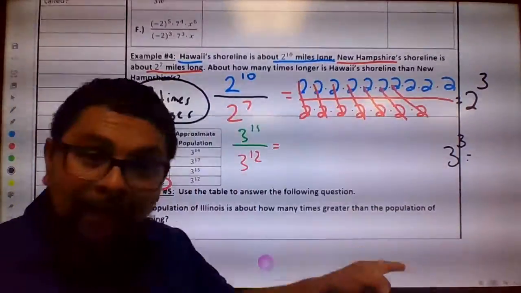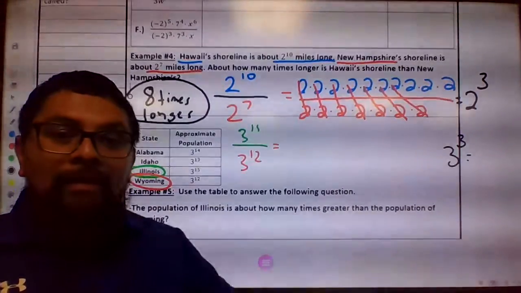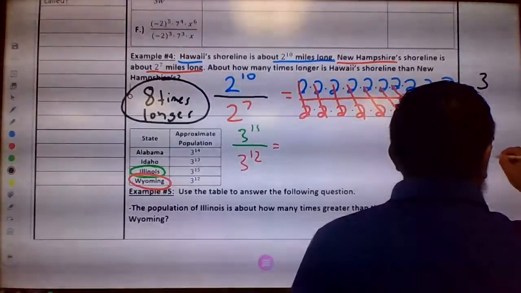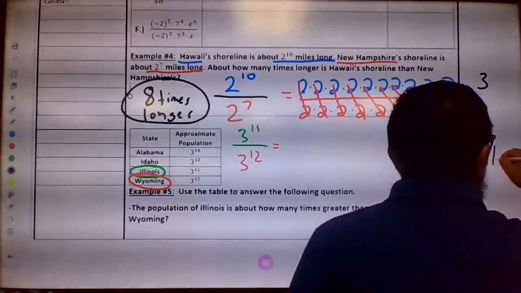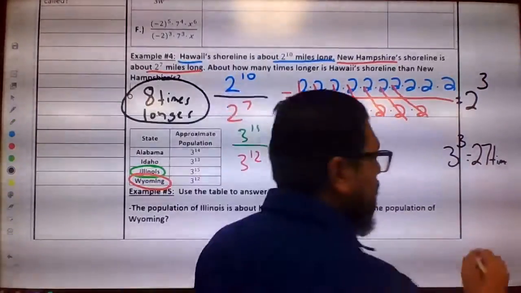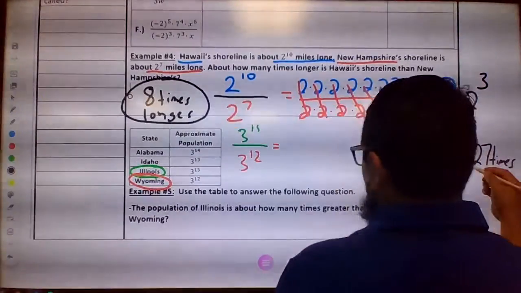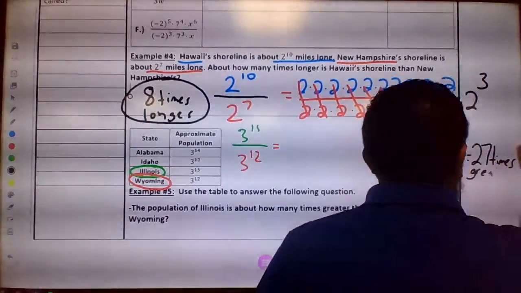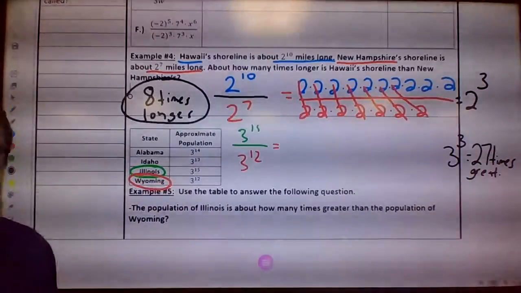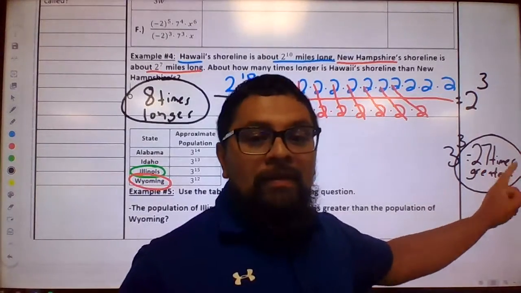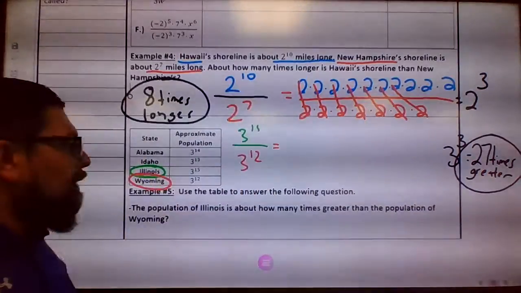And 3 times 3 is 9, times 3 is 27. So this is 27 times greater. 27 veces más grande que Wyoming.